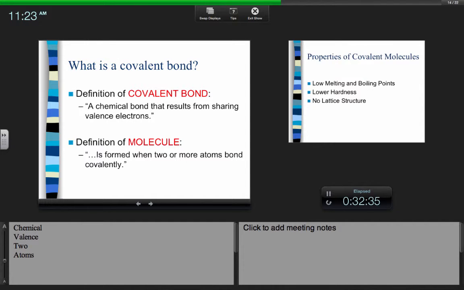We don't call table salt a molecule. Table salt's what we usually call a compound. There is a slight and subtle difference, which really only is the type of bond. Covalent bonds usually indicate molecules. So if I say water is a molecule, that means it's covalently bonded.